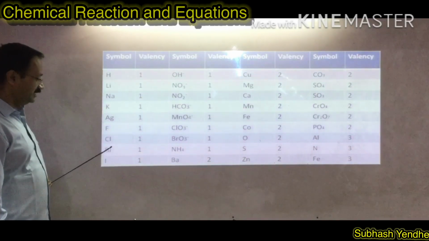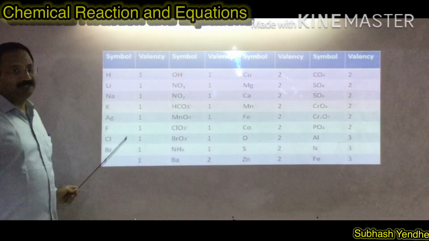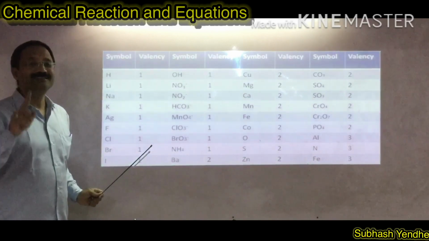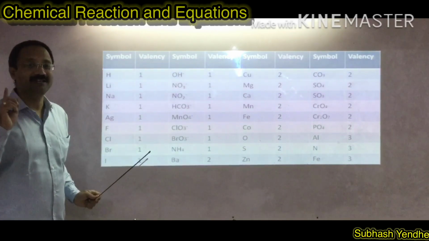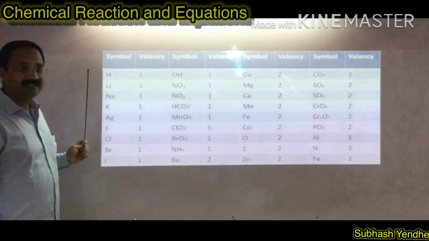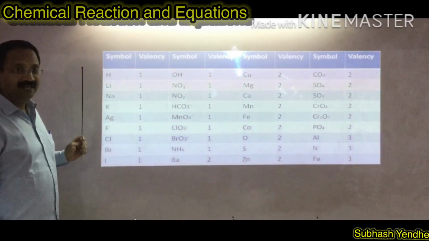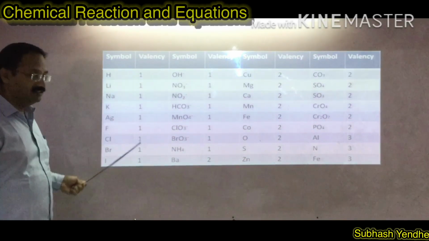First class biryani item means fluorine, chlorine, bromine, iodine. If you remember this, then these elements have valency 1. Ha, li, na, ki, Ag made first class biryani item. So these have valency 1.